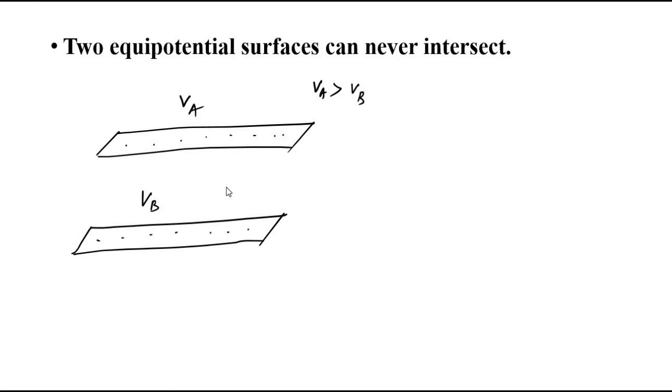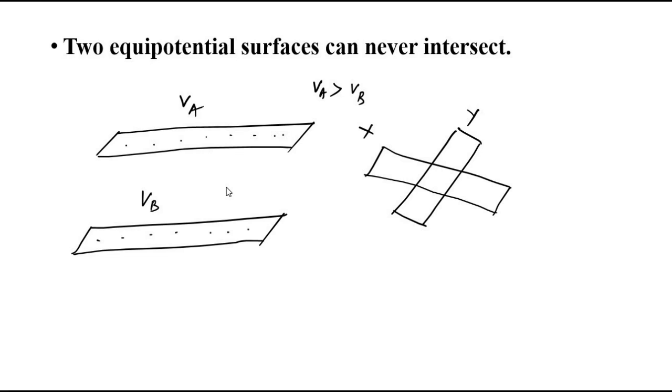Now let us say we have a situation where two equipotential surfaces intersect each other. Let's say surfaces X and Y having potentials Vx and Vy.